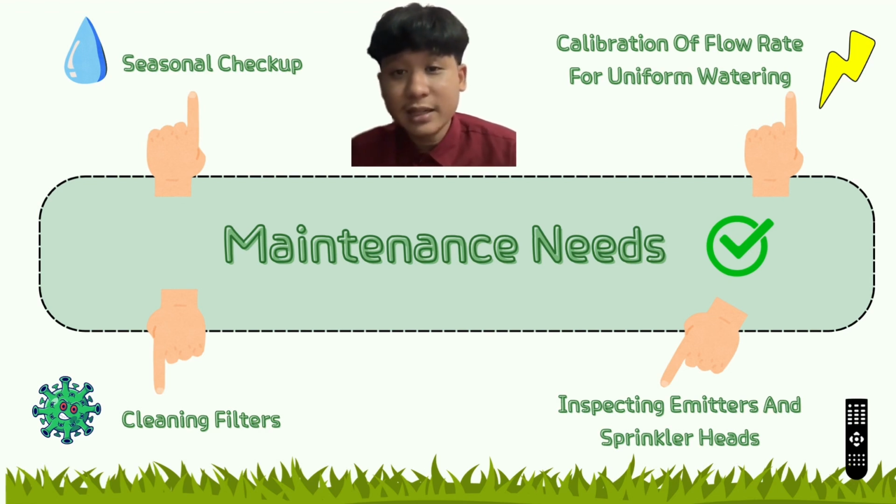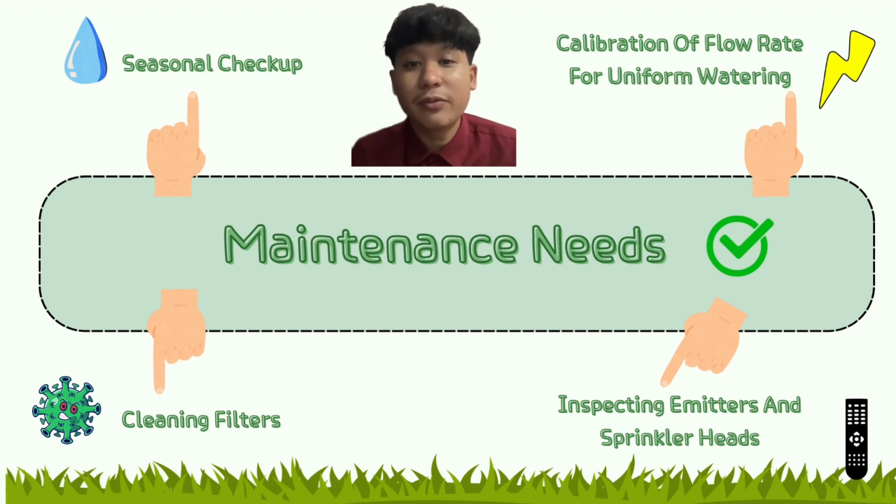For sand filters, clean them by removing and washing the sand or replacing it if needed. It's important to check for any debris build-up in the filter beds. For the screen filters, remove the screen and rinse it under clean water to dislodge the dirt and particles. Regular inspection helps maintain a smooth water flow and prevent emitter clogging.